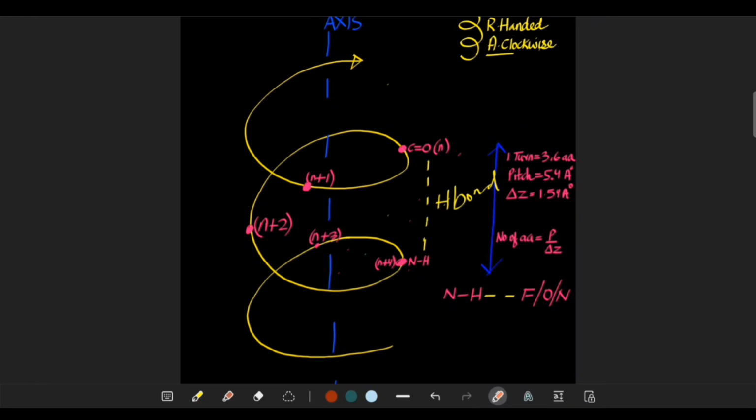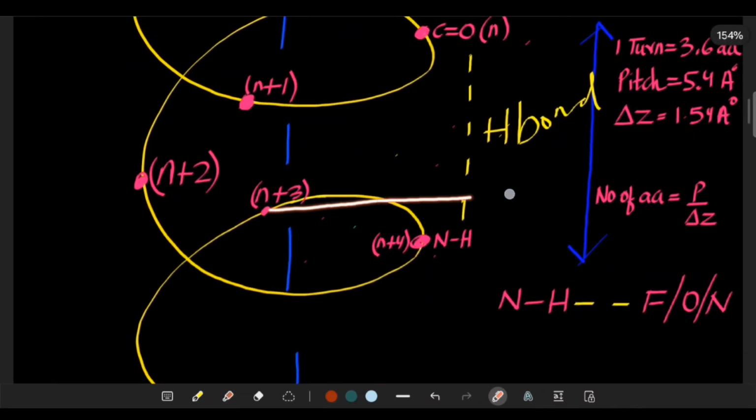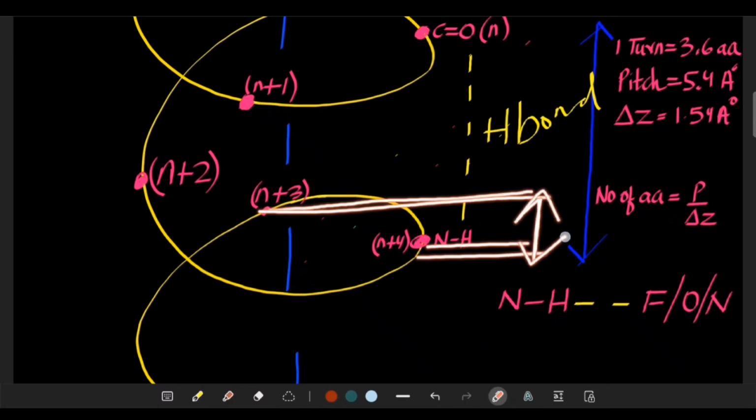And then there is delta z. Delta z means the vertical distance between two amino acids. For example, let me just show you. This is one amino acid, right? And this is another amino acid. This is n plus 3, n plus 4. Now what is the distance between these two amino acids?